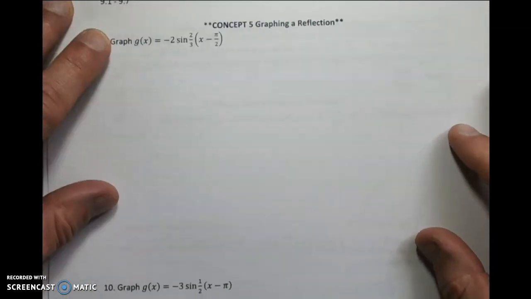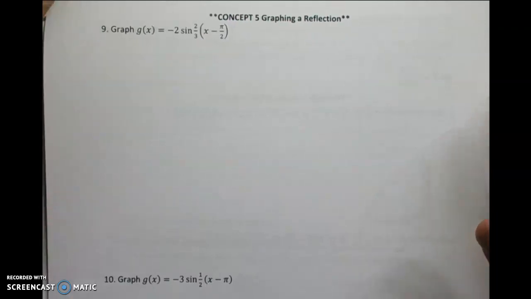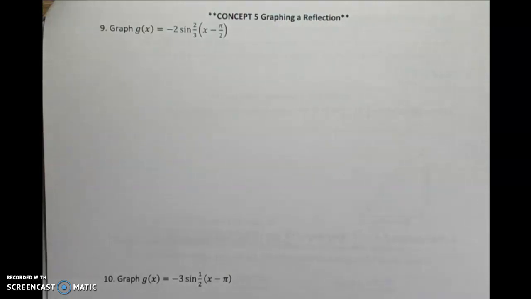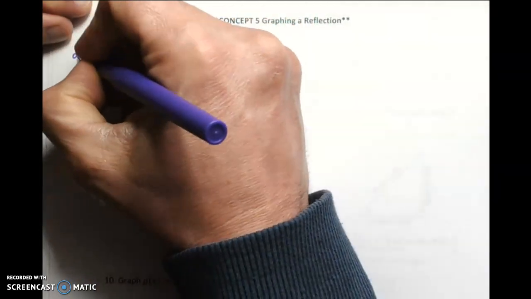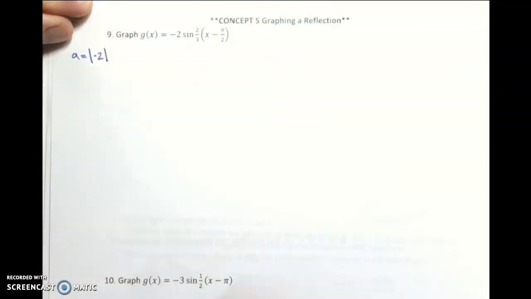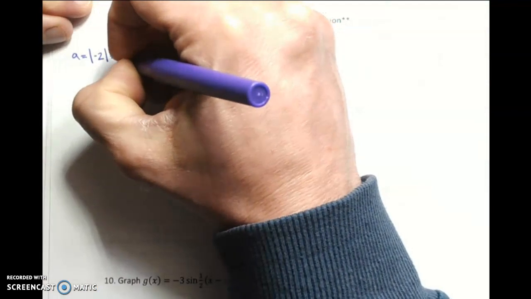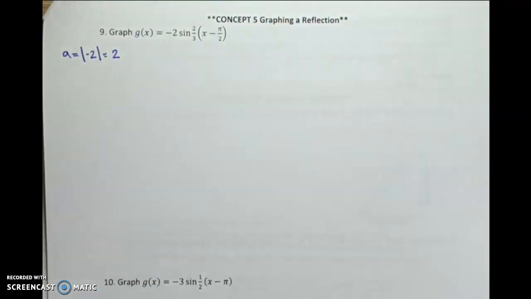So here we have this problem, and it is obviously a reflection. With this, I'm going to start at the beginning, and I'm going to go with A. A equals the absolute value of negative 2, so the absolute value actually comes into play here, and that's 2.